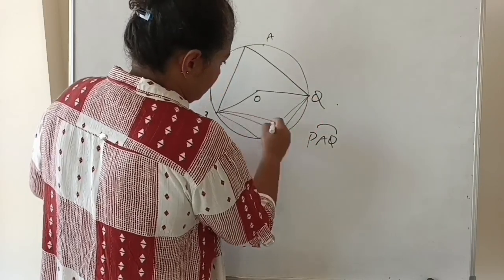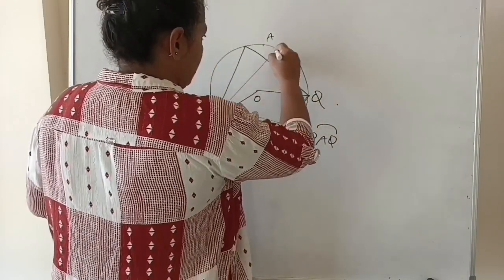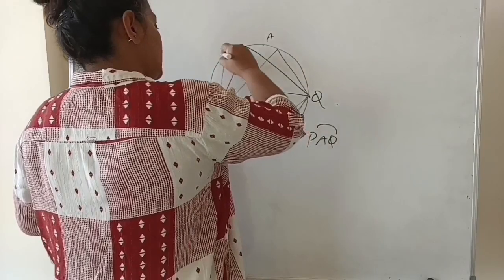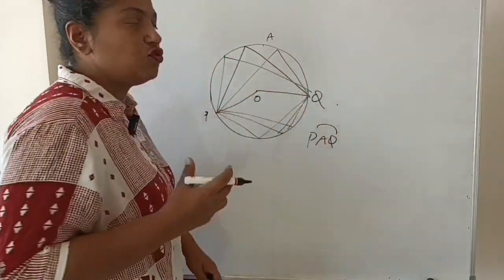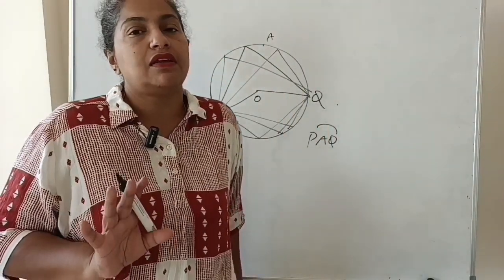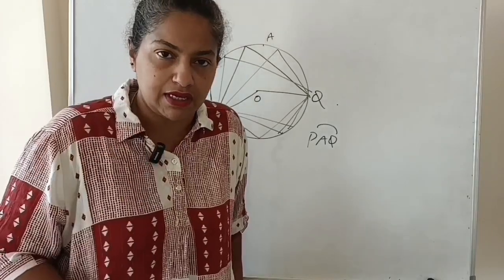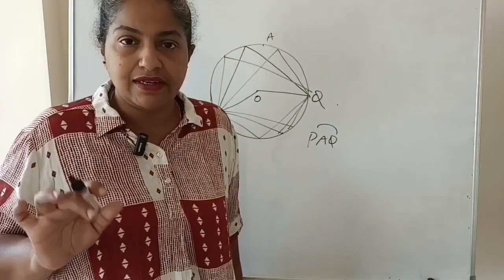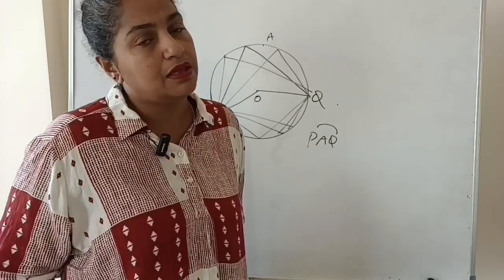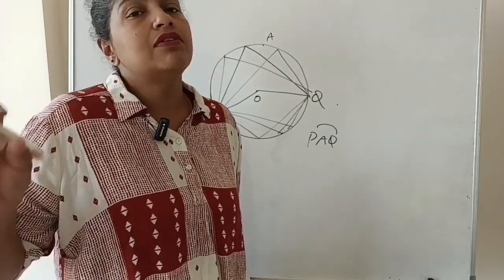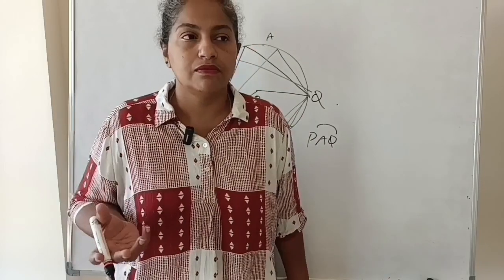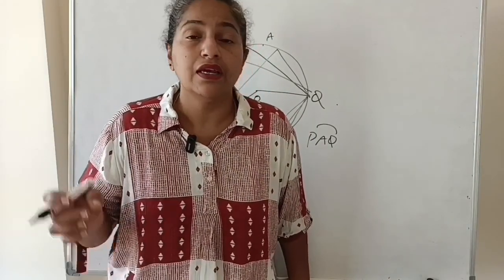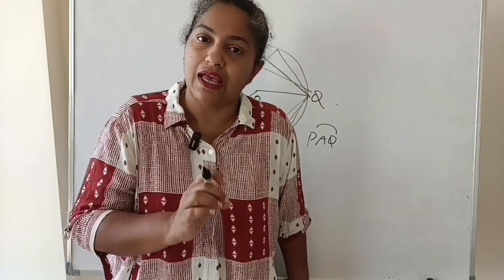Something like this. Here also I can form. Because these 2 points P and Q are dividing the circumference of the circle into major arc and minor arc, these 2 points PQ can form an angle at the center as well as in the major arc and in the minor arc of the circle. Our following theorem, which we are going to look at, is basically based on these angles.